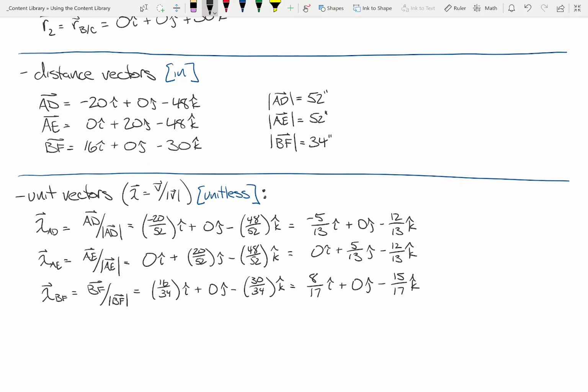That one goes 15 over 17. Okay. Everybody with me so far?